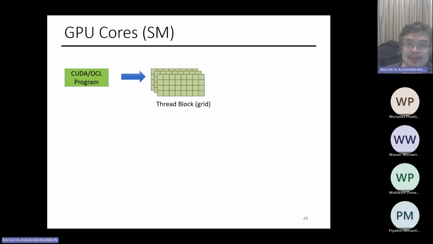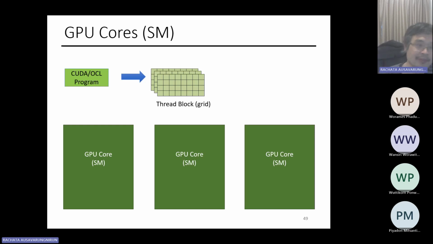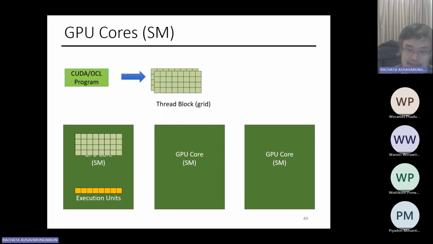Then if you look at a GPU, you're going to have a bunch of SMs. These are the actual GPU cores. It's called simultaneous multiprocessor; in AMD terms, it's called streaming multiprocessor. These are what run your code. It has a fetch, a decode, and a lot of execute units.